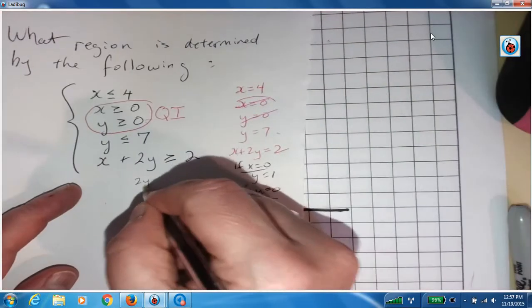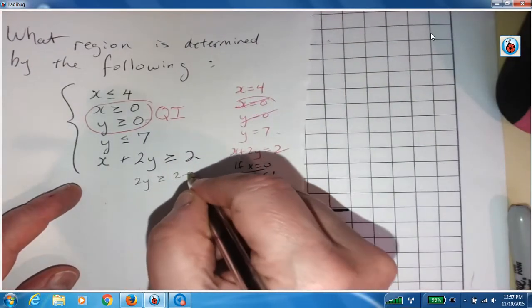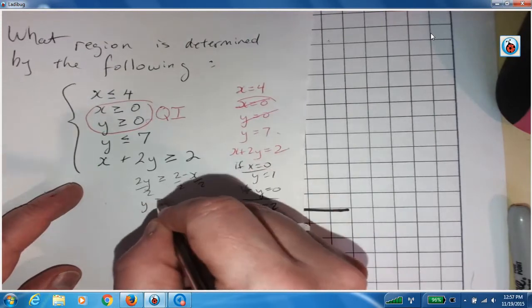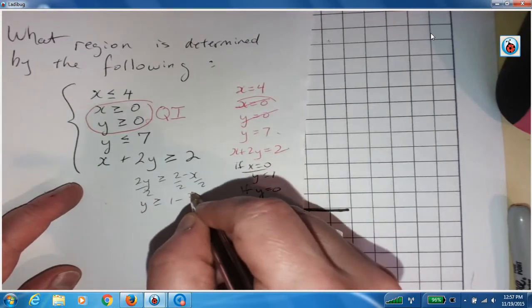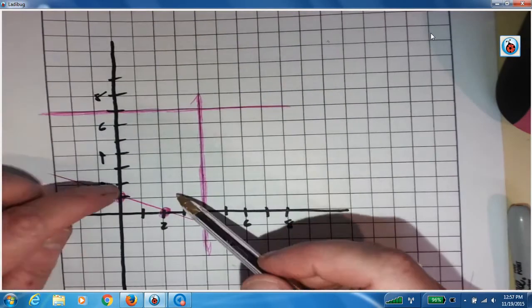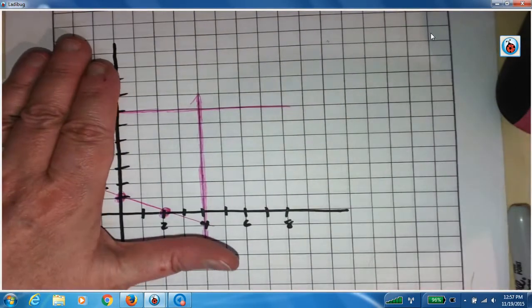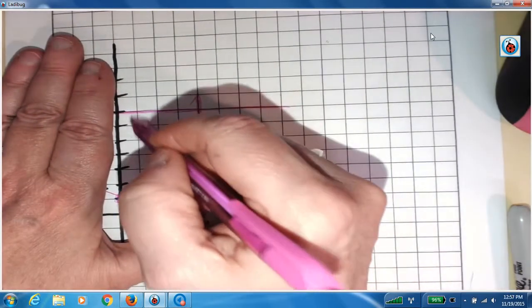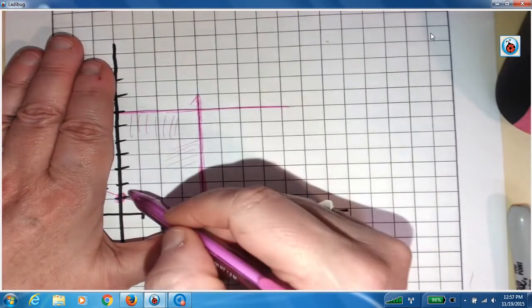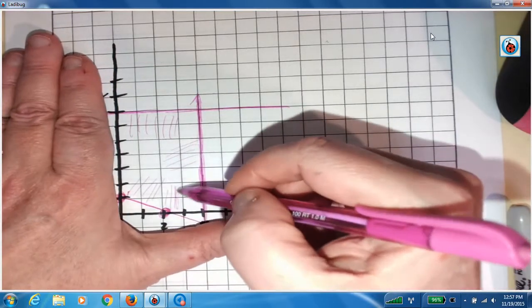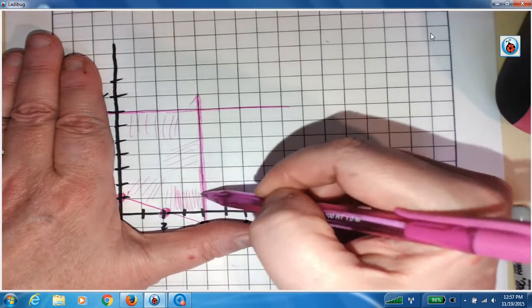And so I can subtract x from both sides. That does not change the arrow. I can divide everything by 2. And that does not change the direction of the arrow. And so I'm going to want the region above this line. So first quadrant to the left of this, beneath this, and above this. So only first quadrant, and this is my region.